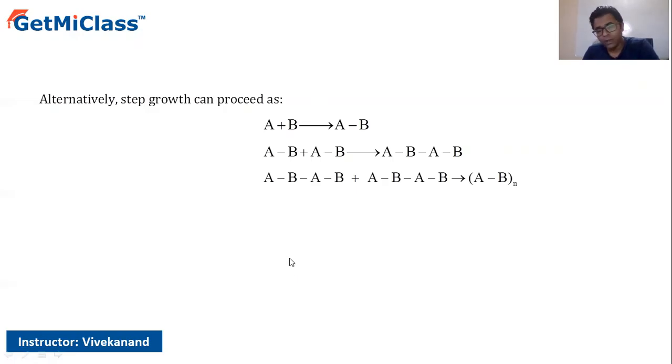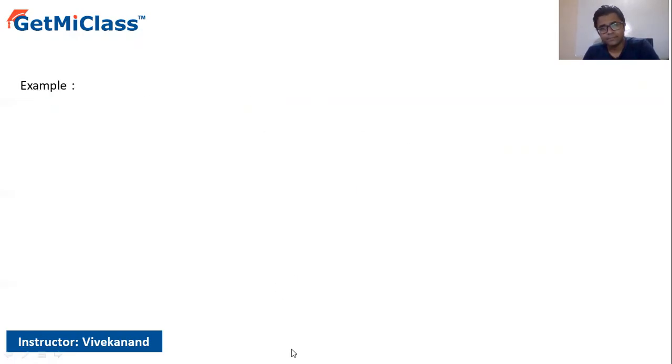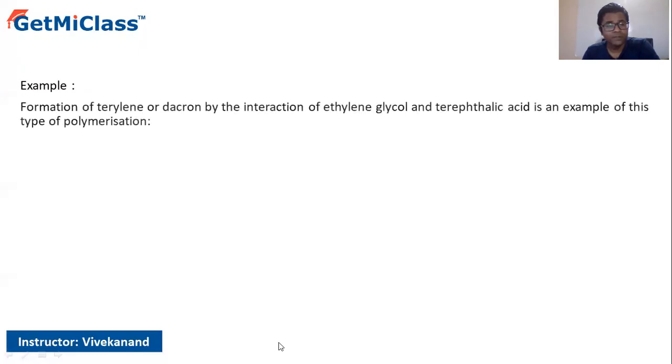Now let's observe one important example: terylene or dacron. Terylene or dacron is usually formed by ethylene glycol's reaction with terephthalic acid. Let's consider ethylene glycol: n number of glycols, CH2OH, CH2OH.